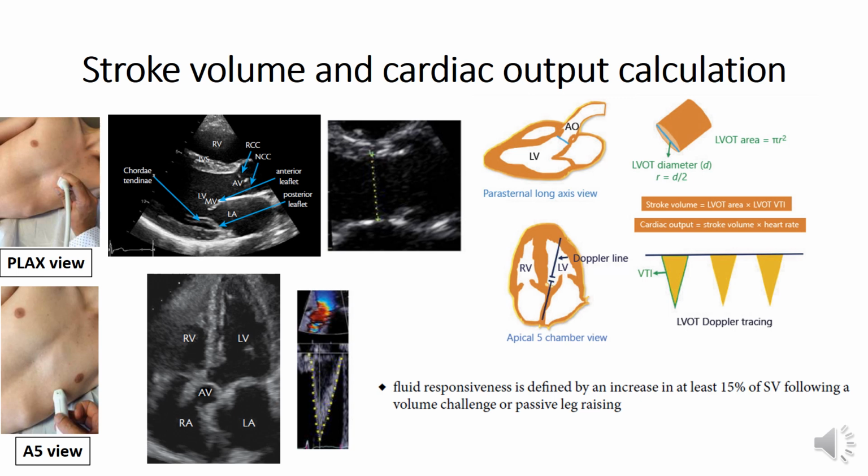Passive leg raising causes some auto transfusion of blood, and if you find that the stroke volume increased by 15%, that means this patient mostly will be fluid responsive if you give him some fluid. This is one of the clinical implications of these calculations.